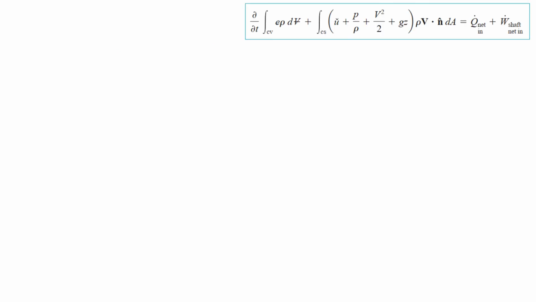Now let's apply this equation to a simple pipe flow. We have a stream tube here through which a fluid is going in. So we have one control surface here, and here the fluid is going out. What we are going to do is write equations for these control surfaces by using this control surface integral in our new energy equation.